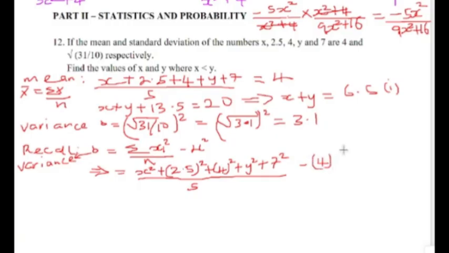So this is the setup for our variance. Everything is equal to 3.1, remember, because that's the value for the variance.